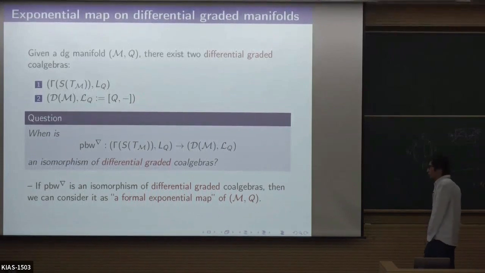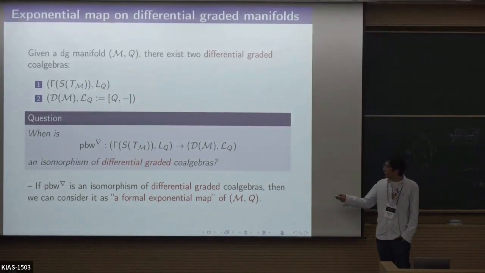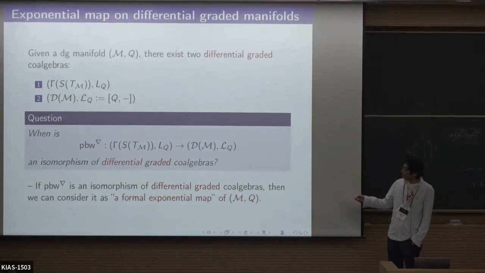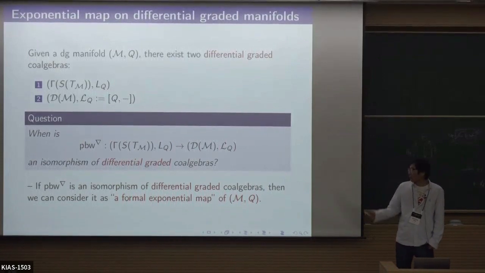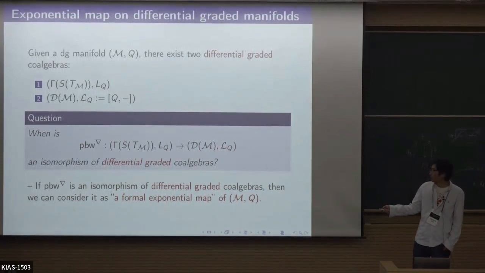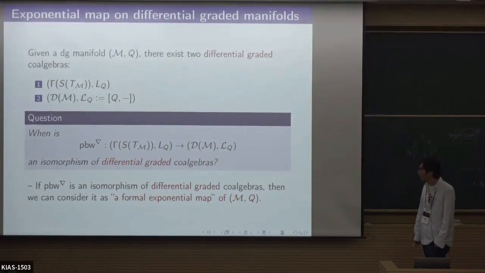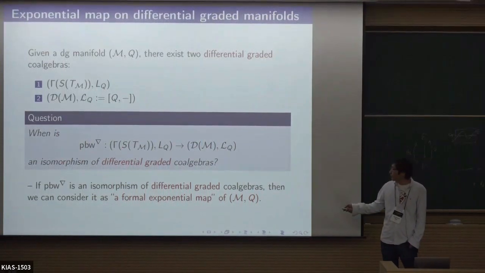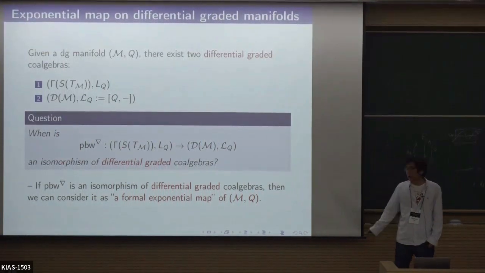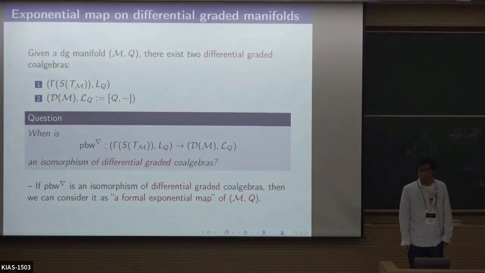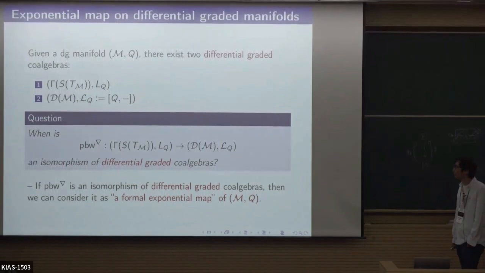And then the refined version of the question I had is: equipped with these Lie derivatives, does PBW preserve the differential graded coalgebra structure? It was an isomorphism of graded coalgebra. What about the differential? If this is an isomorphism, then we can really call it a formal exponential map of the differential graded manifold rather than the graded manifold.